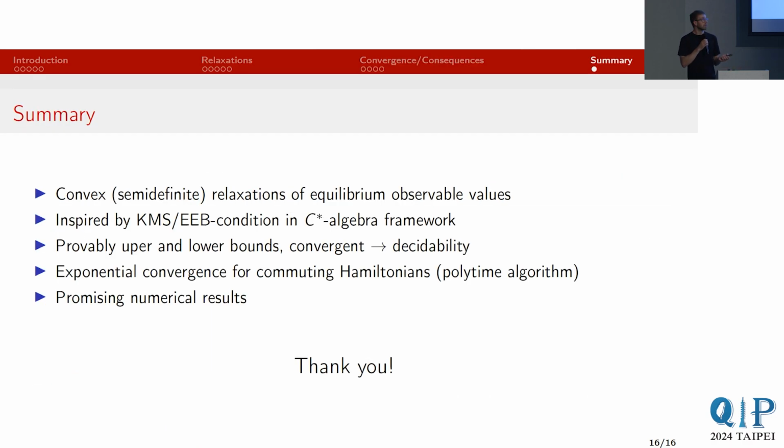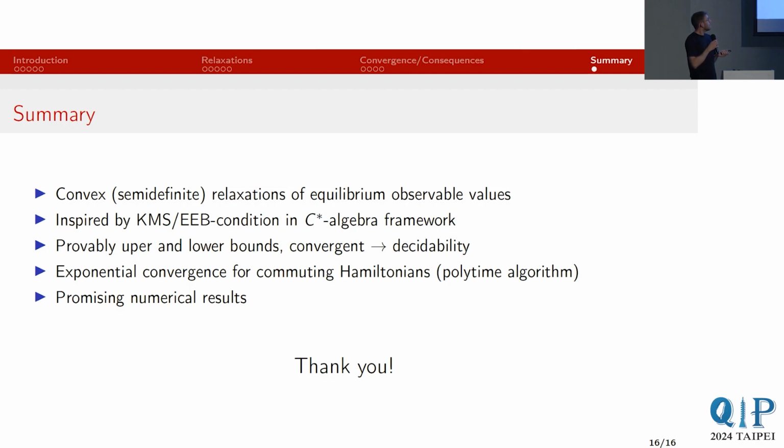All right, so just to summarize quickly what we did in this work. We introduced convex and later on semi-definite relaxations for the equilibrium observable values, so ground states and thermal states, in very much generality, so for all temperatures and all dimensions. These are inspired by what you get from reading these algebra books, and take their definitions and reformulate them into computationally feasible constraints.